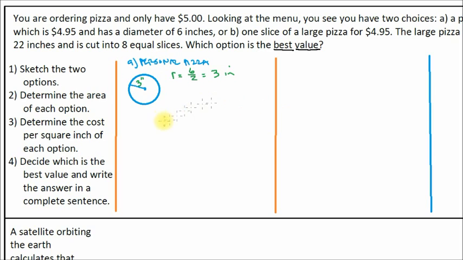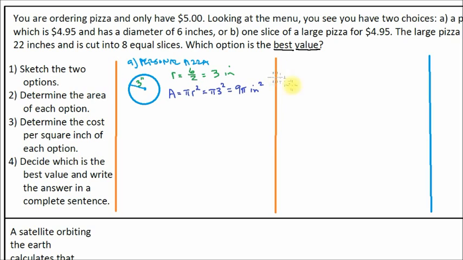Let's figure out what the whole area is, because it says determine the area of each option. So the area of this whole pizza is pi r squared, which is pi times 3 squared, which is 9 pi inches squared.